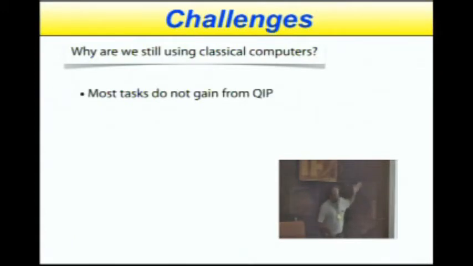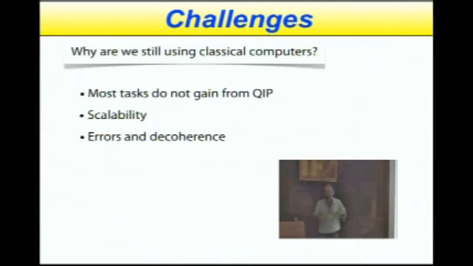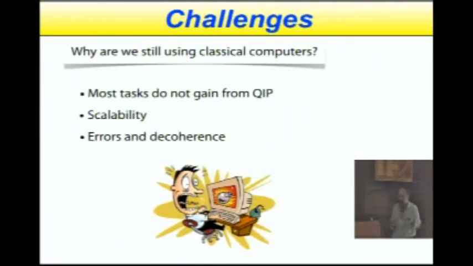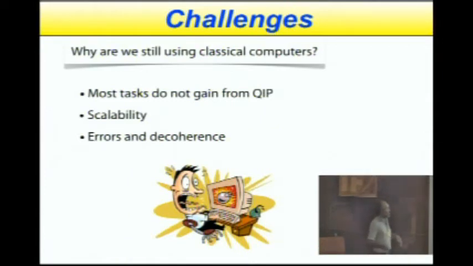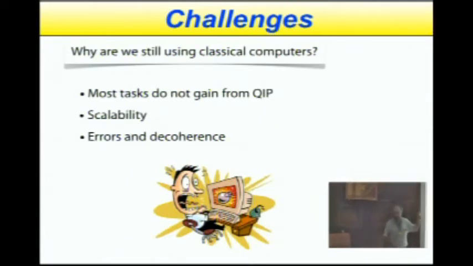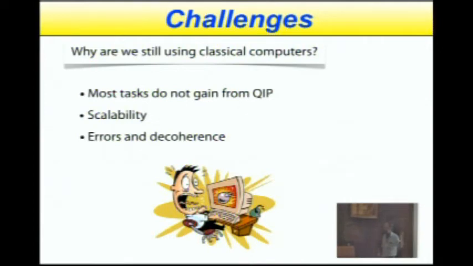Anyway, so we have a number of promising systems, but I assume most of us are still using classical computers. I'm doing this presentation from a classical computer. So why is that? Well, first of all, most tasks are no faster on a quantum computer than on a classical computer. For instance, a slide presentation will not become faster, fortunately, on a quantum computer.